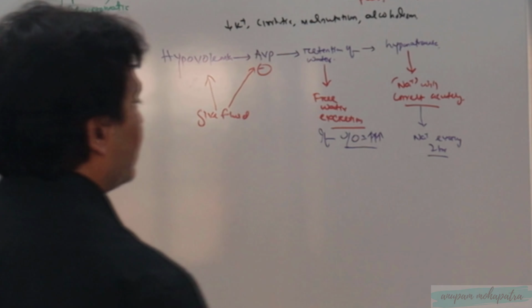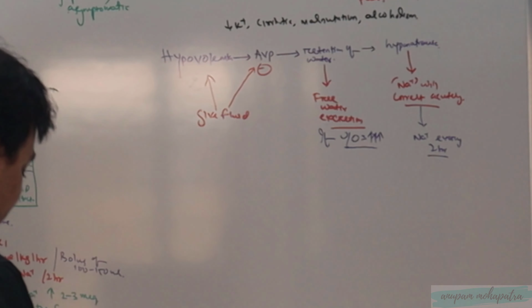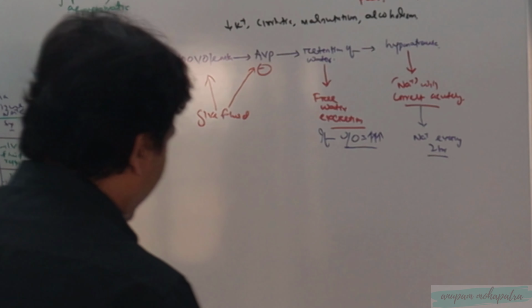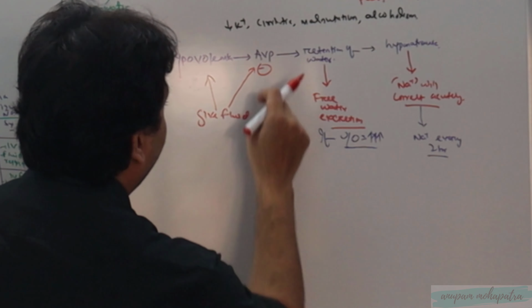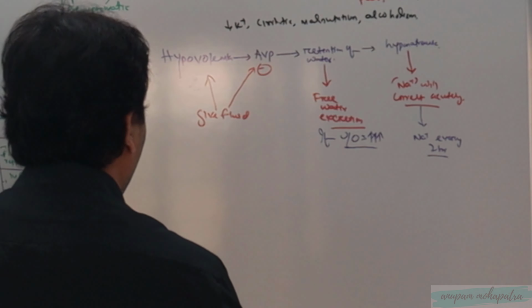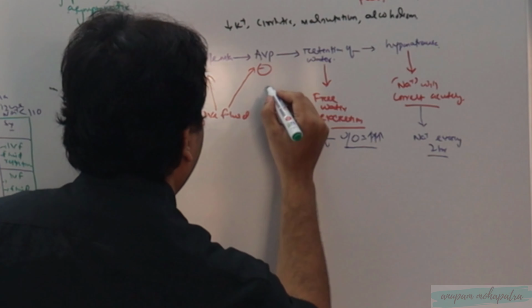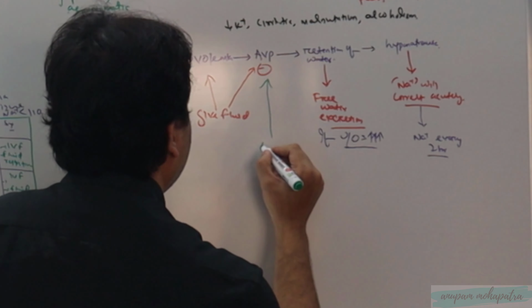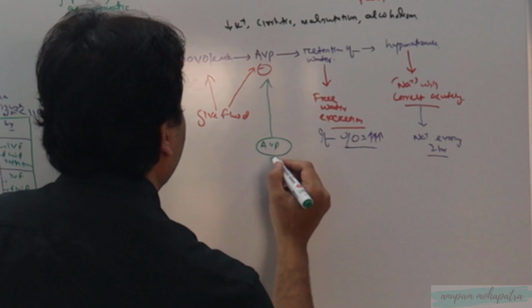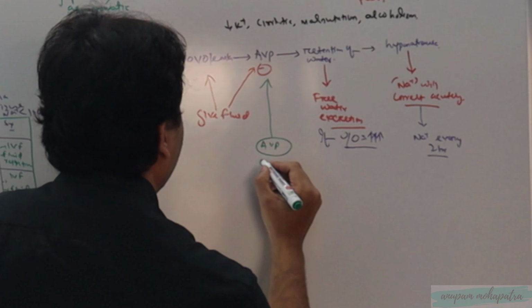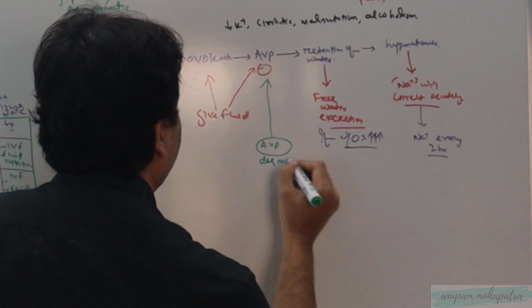Now how to fix it? Fixing is very simple. Because it is inhibiting the AVP, we can supply AVP from outside, give AVP from outside, that is called desmopressin.